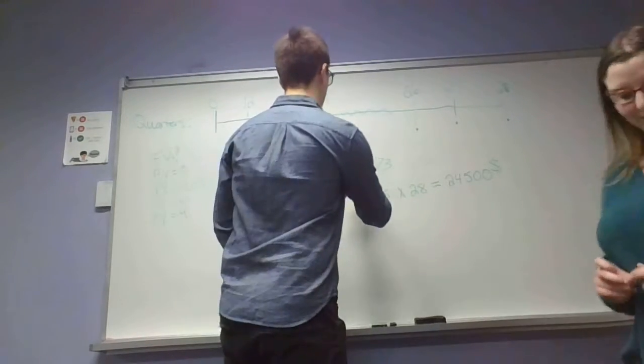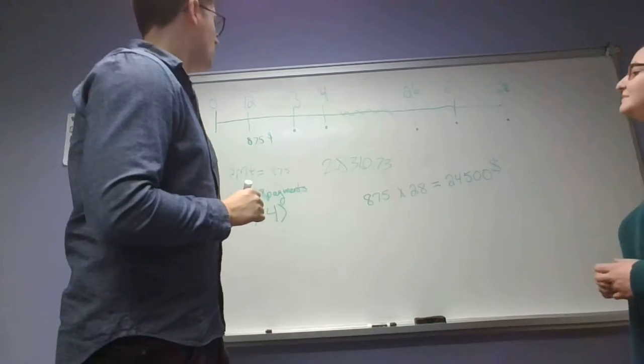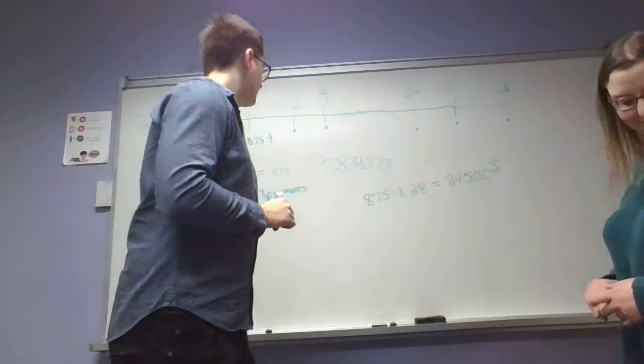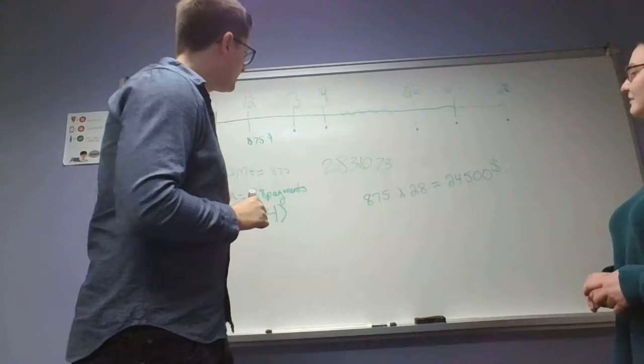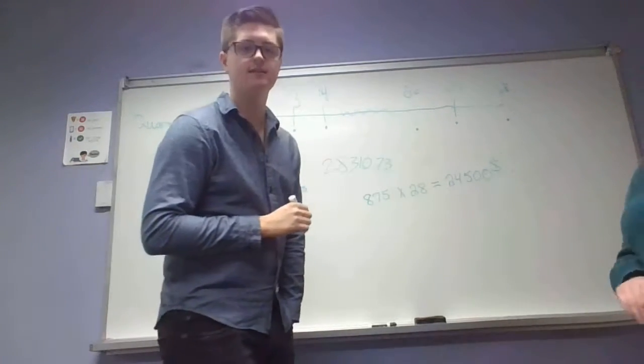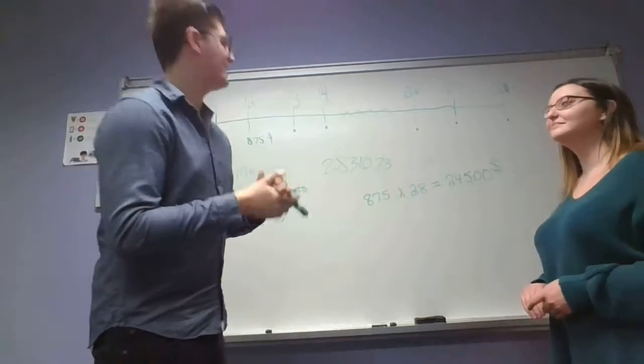So 28,310.73 minus 24,500 would leave us with a grand total of $3,810.73. All right, and I believe that wraps everything up.